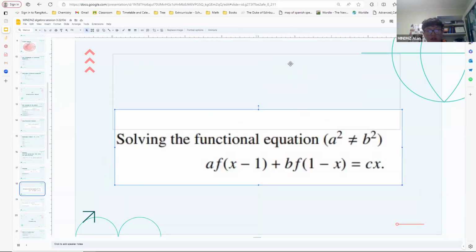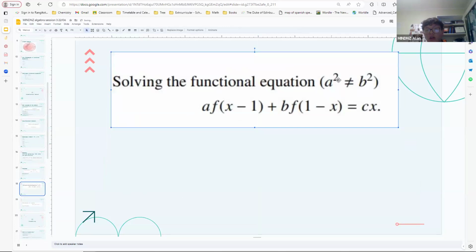So solve the functional equation where a squared is not equal to b squared, and a times f of x minus 1 plus b times f of 1 minus x equals cx. I'll give you guys 2 minutes to do this one as well.